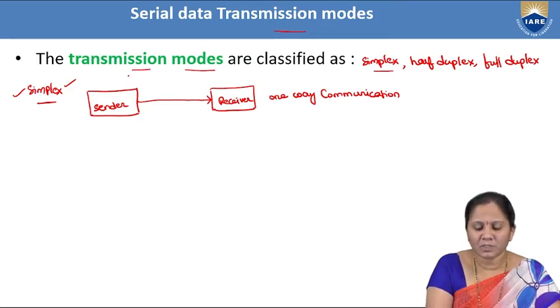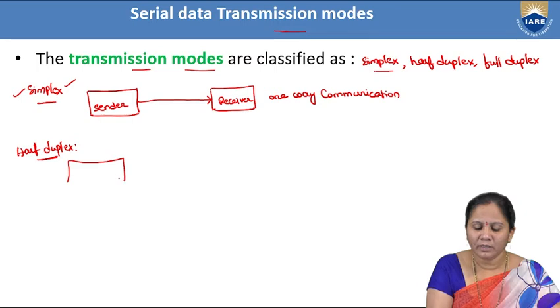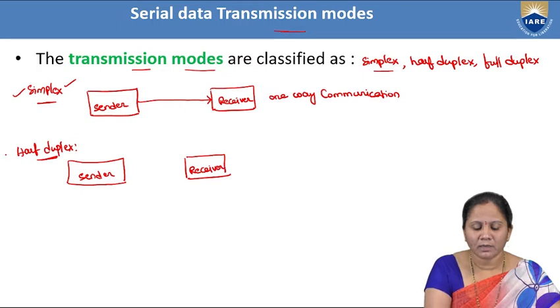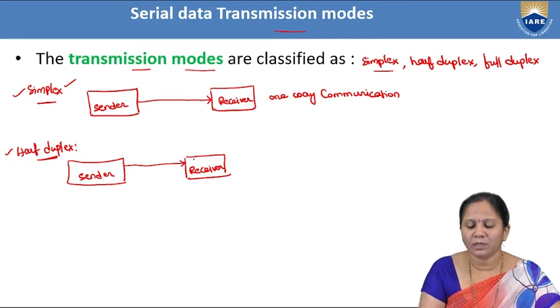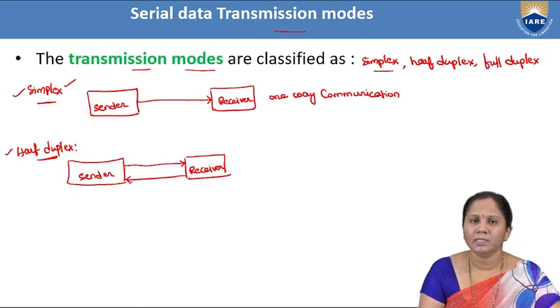And another type of transmission mode is half duplex. In this half duplex type of communication, we will have a sender and receiver. The sender will be sending the information to the receiver. After the receiver receives that information, only then the receiver will give the information to the sender.